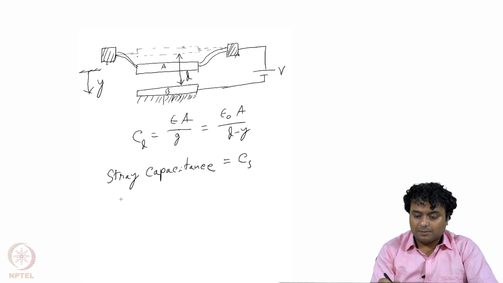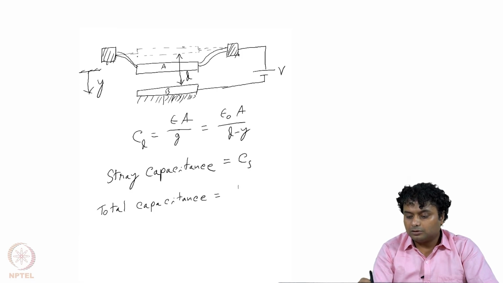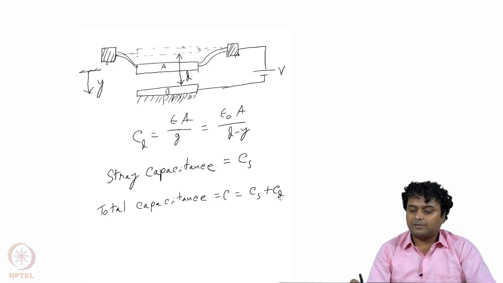Now the total capacitance is C equal to Cs plus C of device, the stray capacitance plus the device capacitance. Now this Cs is from the external circuitry, so it cannot change, but the device capacitance can change because of the different gap or different y.